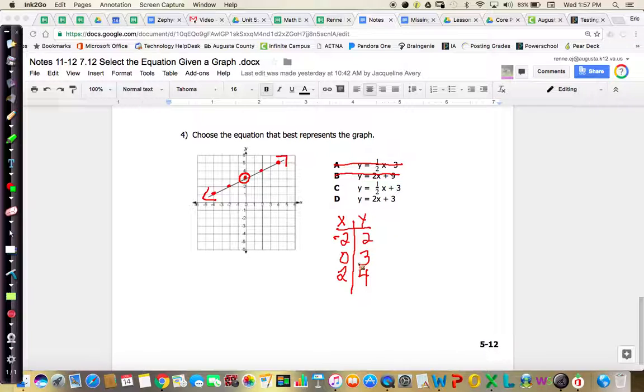Half of 2 is 1, plus 3 is 4. So this one is our winner. And let's just make sure D doesn't work. So 2 times -2 is -4. -4 plus 3 is -1. Yes, it clearly doesn't work. And our answer is choice C.